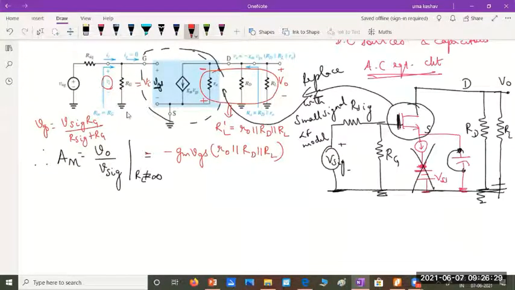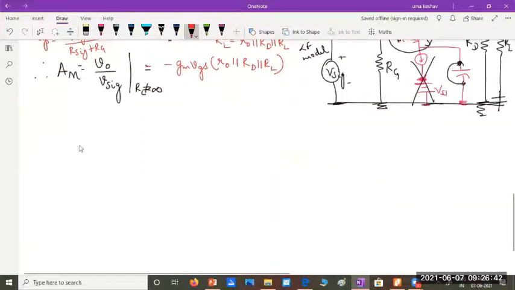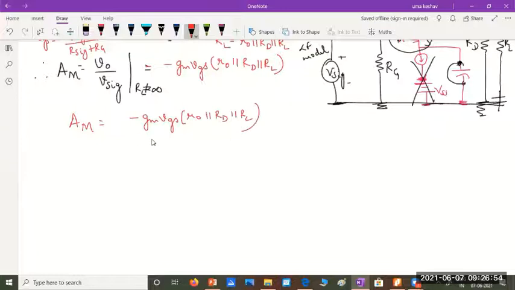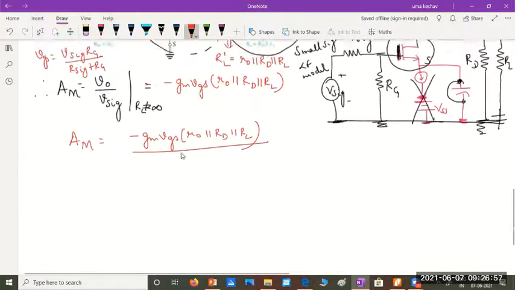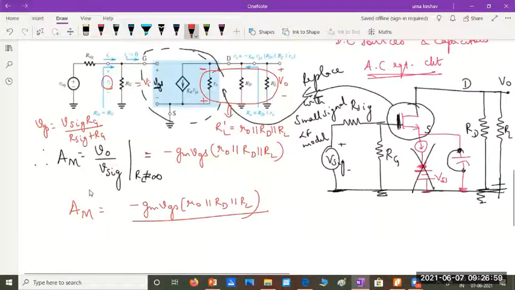But what we can do is assume for now that this is the output voltage, or let me directly write the midband gain. Midband gain can be written as minus gm VGS into ro parallel RD parallel RL, divided by Vsig. What do I want?